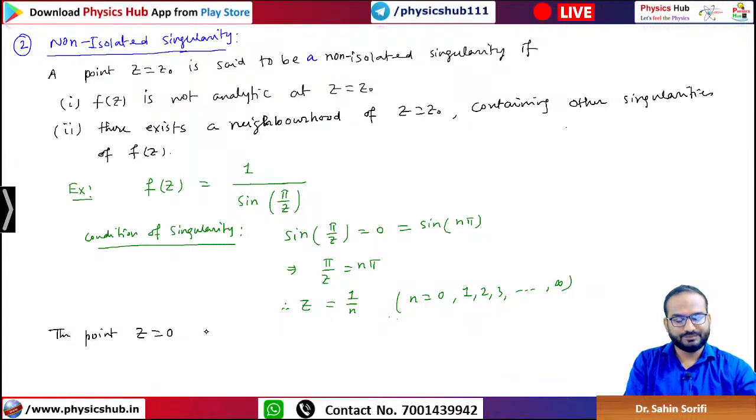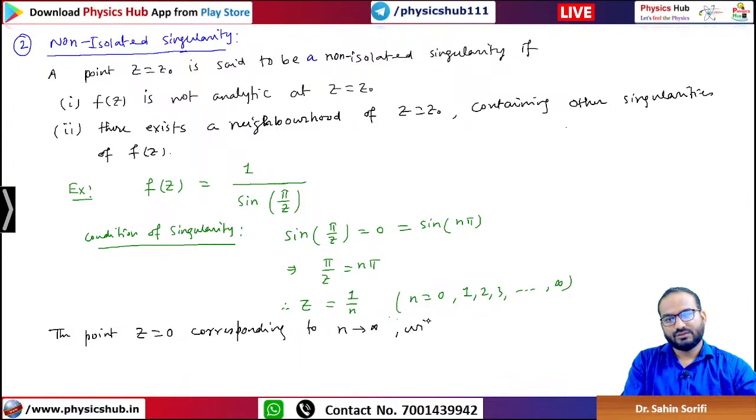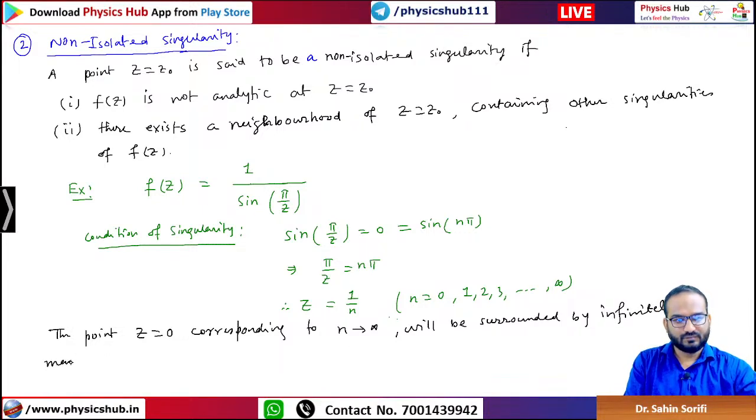So the point z equals to 0 corresponding to n tends to infinity will be surrounded by infinitely many other singular points of f of z.